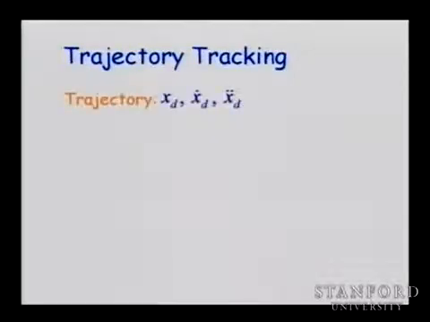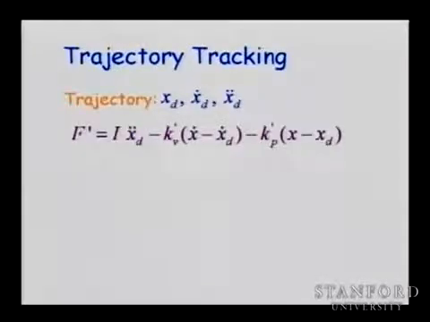If you have all these descriptions, then your controller will anticipate the acceleration. So you had feed-forward acceleration, like we did in joint space.